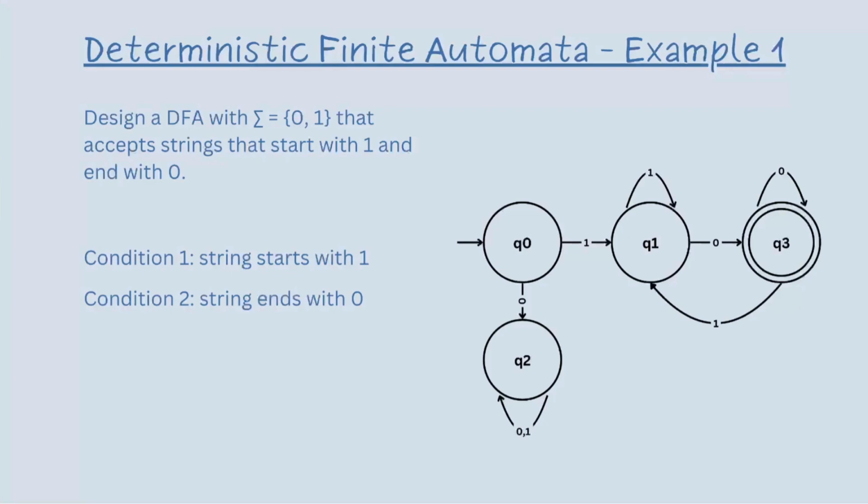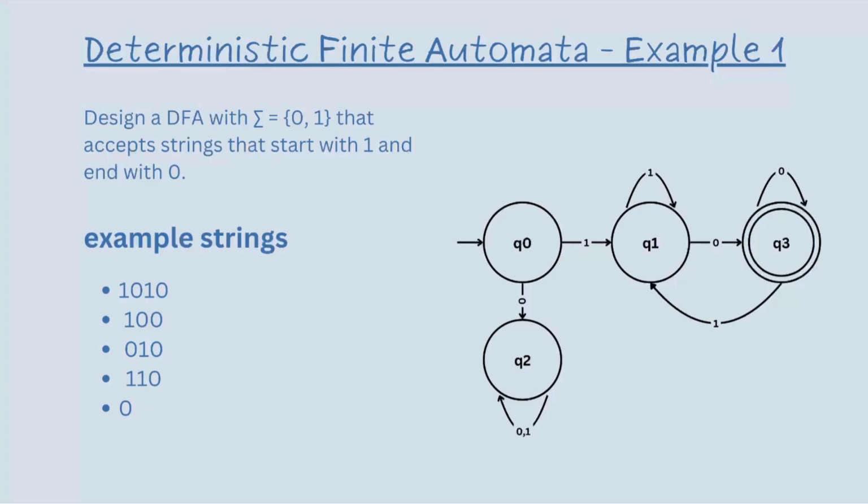Q3 is the representation of condition 1 and condition 2 being true, and Q2 is the representation of condition 1 and condition 2 being false. Realistically, it's just condition 1 for Q2, but since both conditions have to be true, if condition 1 is violated, then the string will automatically be rejected. And this is our full automaton for this example.